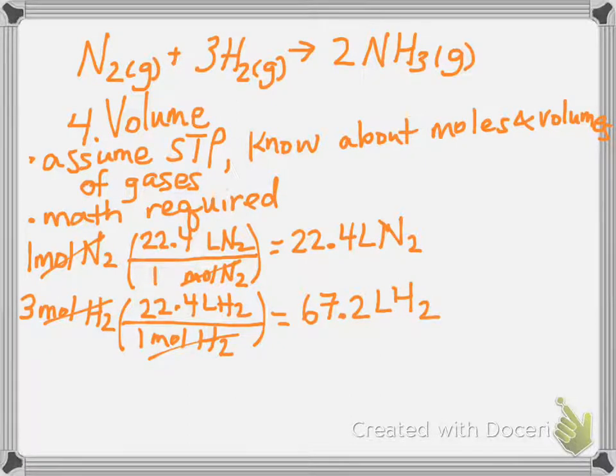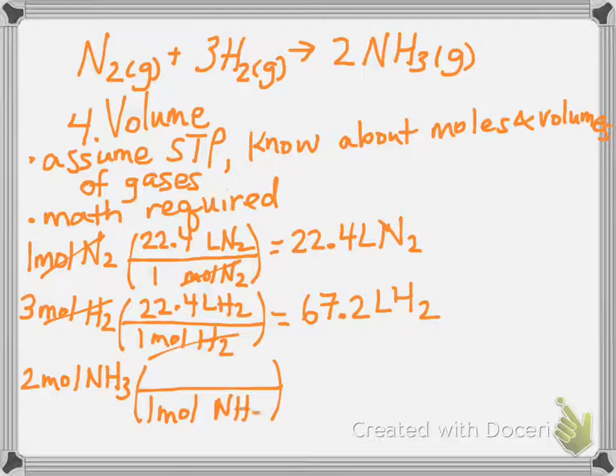And how many moles of ammonia gas are we going to have? Right, 2 moles. Again, we're using molar volume, so 1 mole of ammonia gas is 22.4 liters of ammonia gas. Okay.